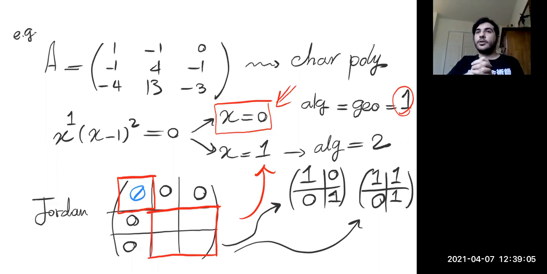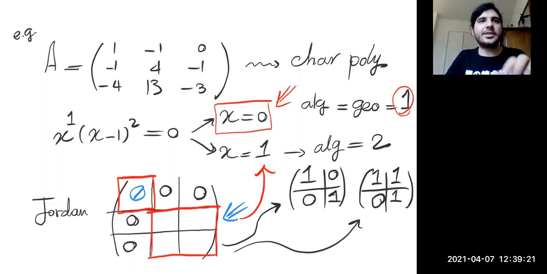So the Jordan form is one of these two things. Either I should put 1, 0, 0, 1 there, or I should put 1, 1, 0, 1 there inside this block. And that would be my Jordan matrix. How would I understand which one is the case? Okay, let me continue with the computations.